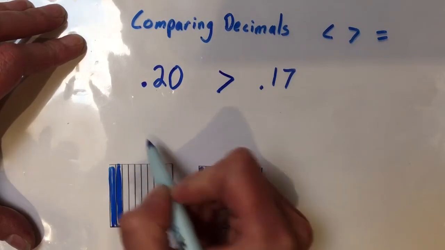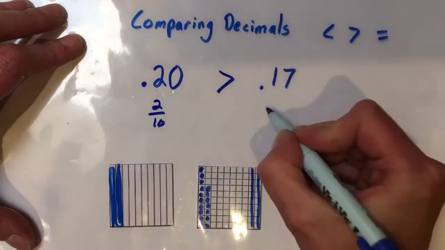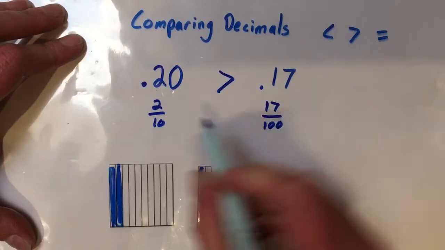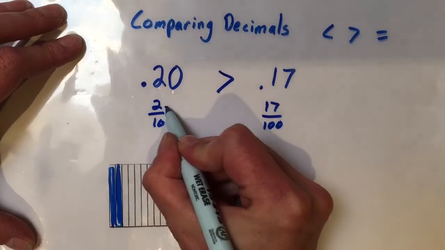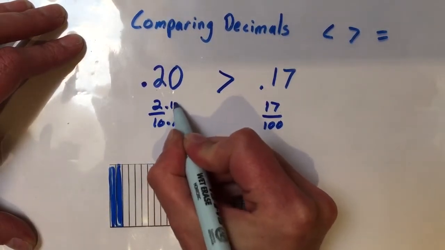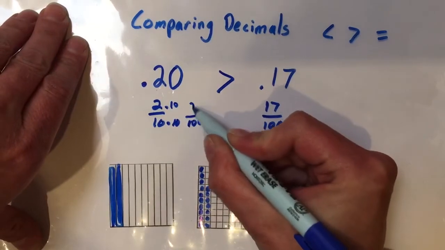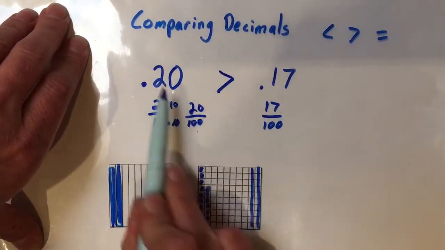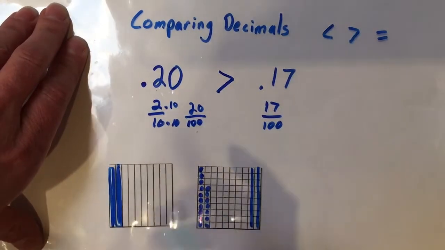If it helps you, we can't compare it like this because my denominators are not the same. You can change this by multiplying both the numerator and denominator by 10 into a denominator of 100. Look at that, 21 hundredths. That's where we got that from. So if you want, you can do it that way.